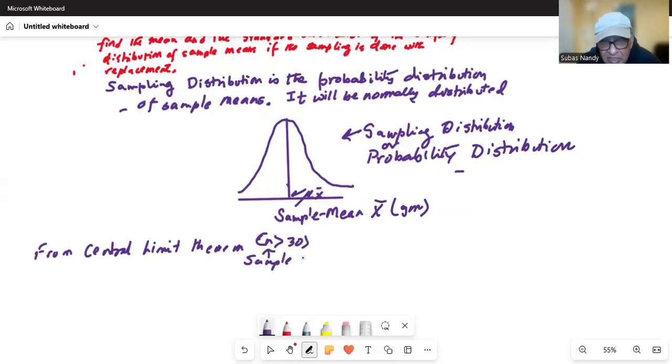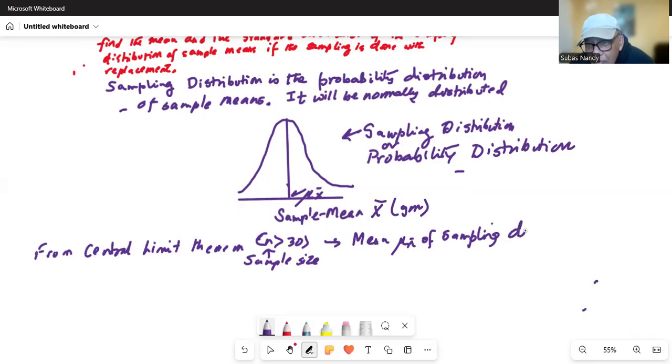Here the sample size is 36. From the central limit theorem, the mean of the sampling distribution, mu x bar, that is the point where the relative frequency or the vertical height is highest, mu x bar is equal to mu.